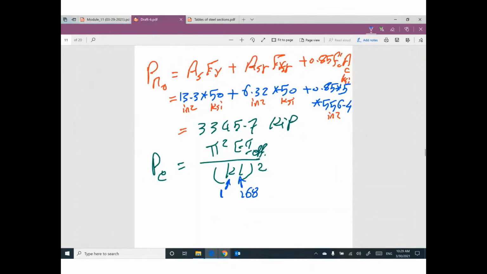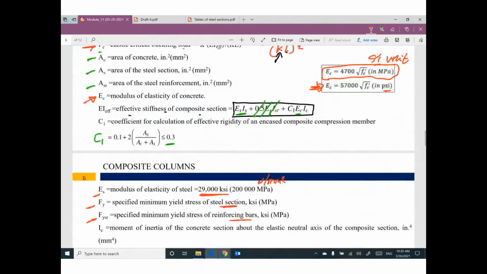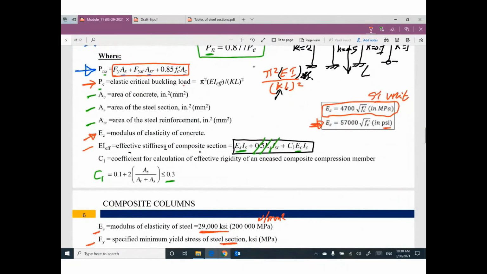168 inch. By square is known. E for steel and EI, both of them one term, EI effective. So how can I figure out the value of EI effective? Here you go.